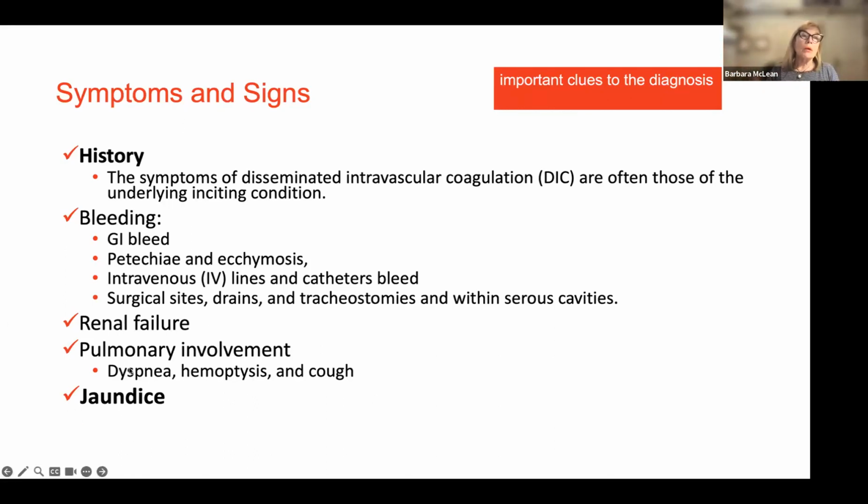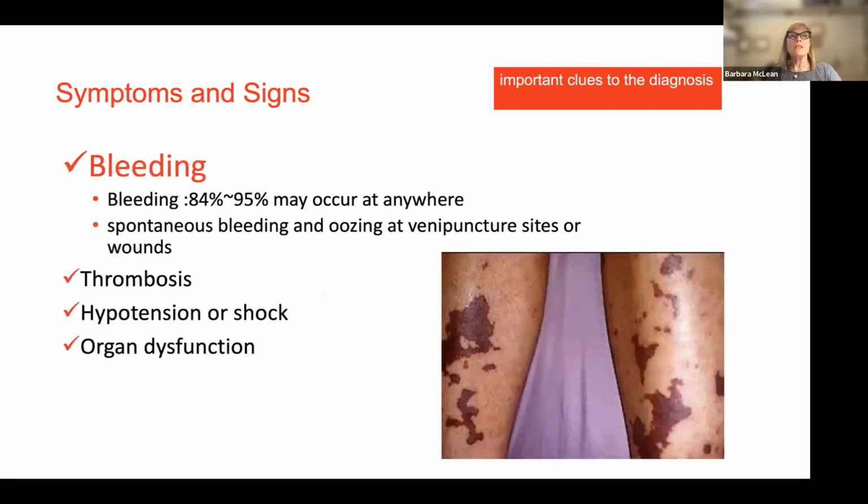And one of the things we look at a lot is the presence of jaundice. These are all really important clues to the diagnosis of the secondary issue known as DIC. Bleeding is the most common and prevalent clue. So here you're seeing purpura fulminans, right?